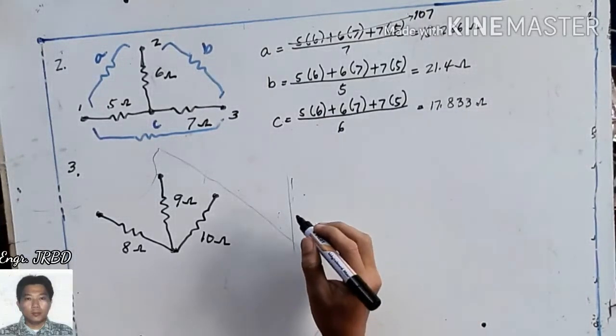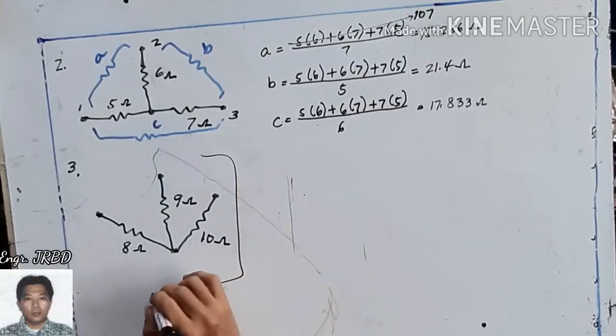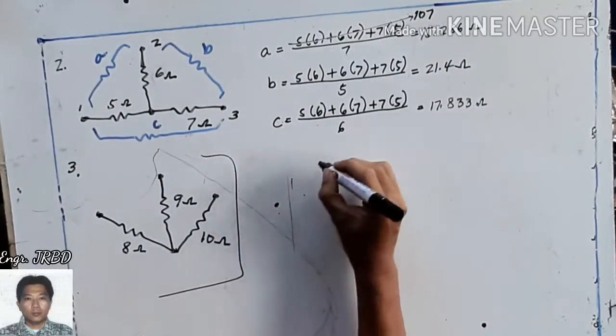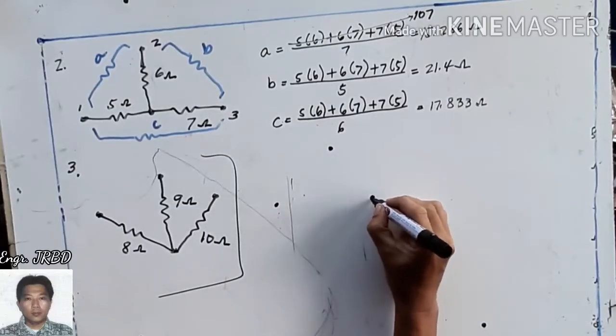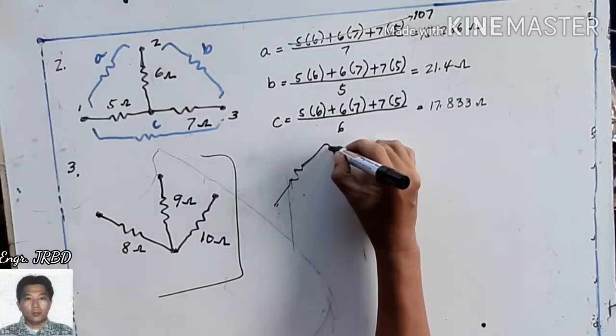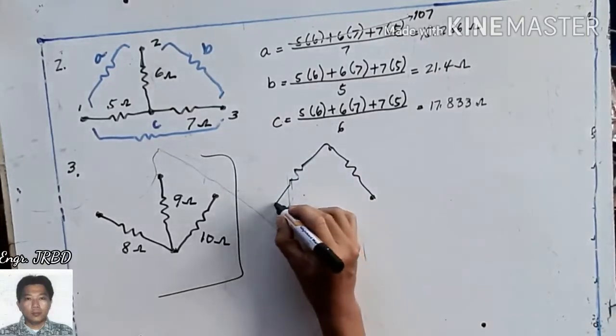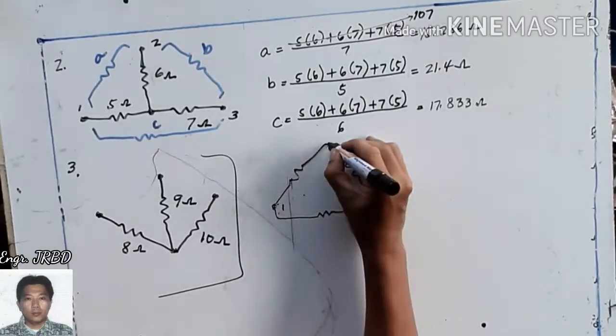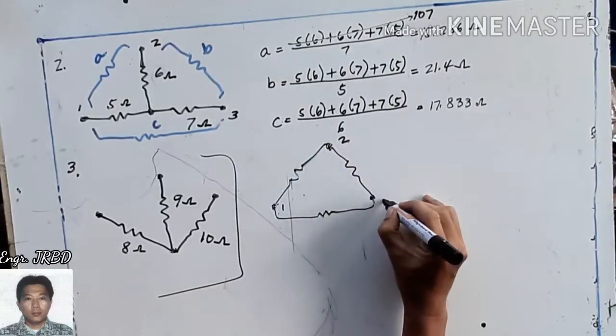So if we will try to redraw the figure, we will now have the equivalent delta, that is your A, B. Okay, this is terminal 1, terminal 2, and terminal 3.